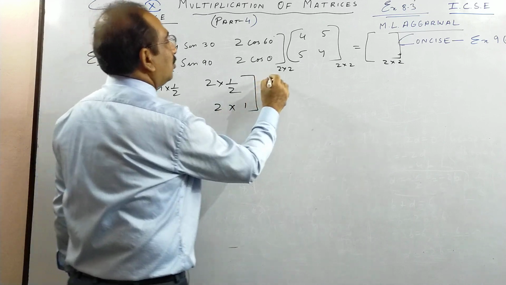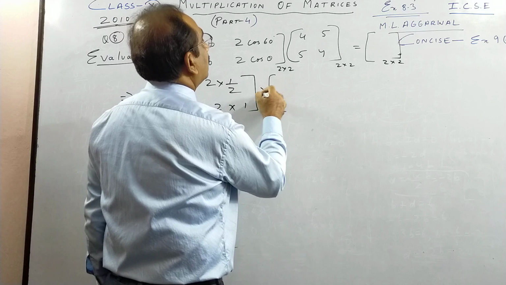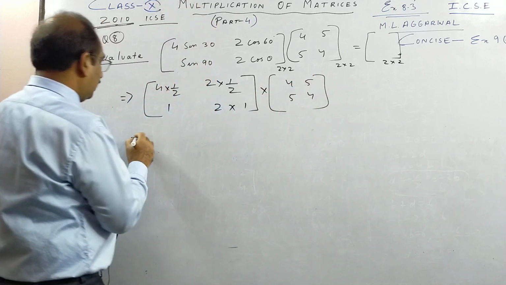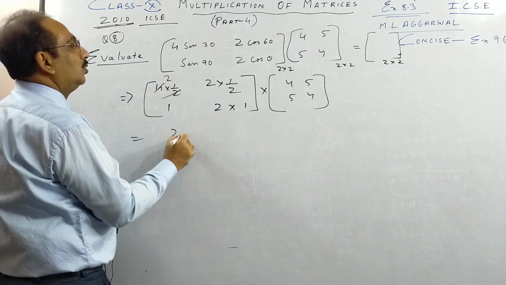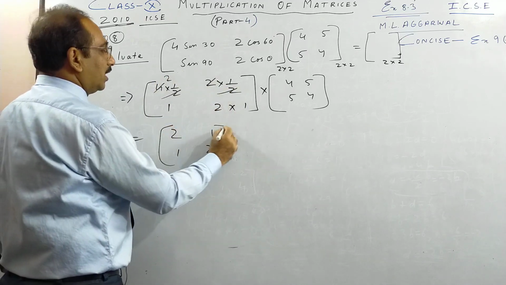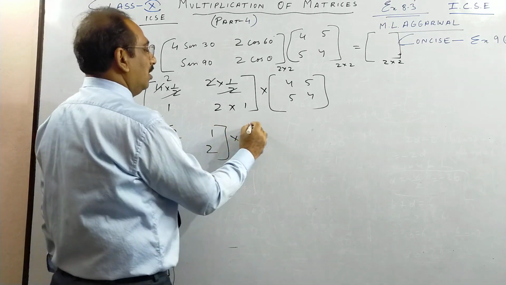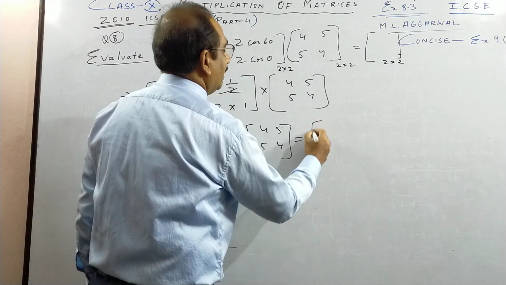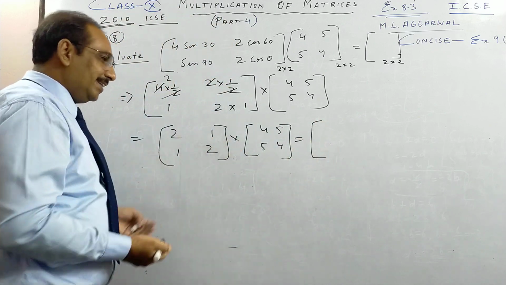So you have to multiply this with 4, 5, 5, 4, and what do we get? You will see, this becomes 2, this is 1, this is 1 and 2. So what an interesting pattern we have: 4, 5, and your answer will also be in this pattern only.